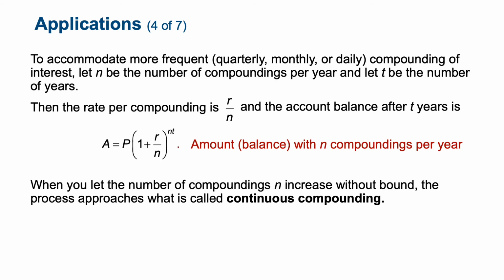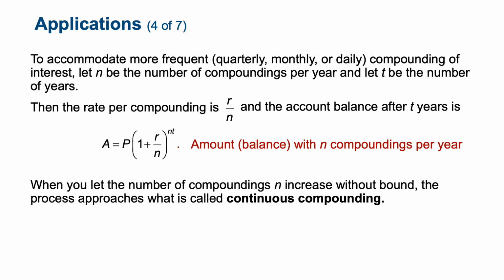That's just compounding once a year, but what if we compound more times a year, like quarterly, monthly, or daily? Then n would be the number of compoundings per year, and t would be the number of years. So the rate per compounding would be r over n, and the account balance after t years would be P times the quantity 1 plus r over n, to the nt.